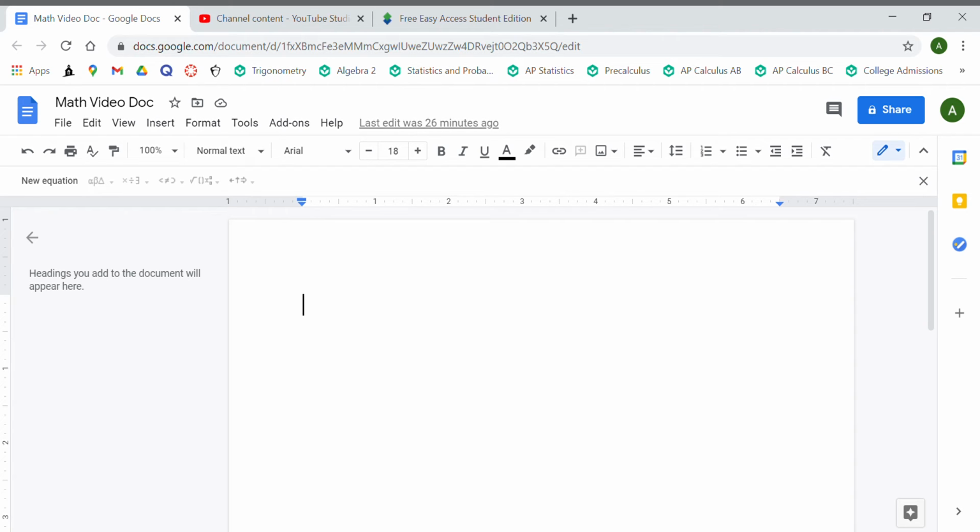So, what is an inequality? An inequality is a statement that compares two expressions.